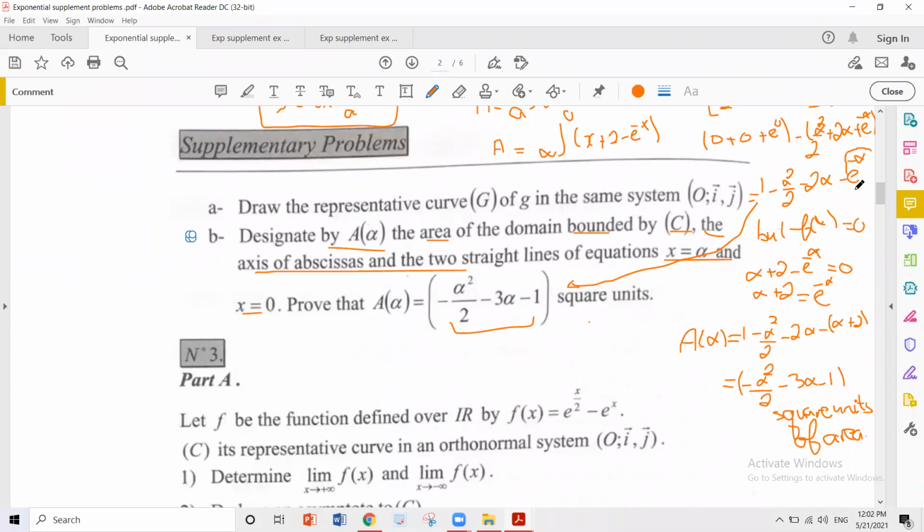Then in A alpha, I replaced the e to the minus alpha. You see this e to the minus alpha here? I put instead of this value alpha plus 2. Instead of e to the minus alpha, I put alpha plus 2.